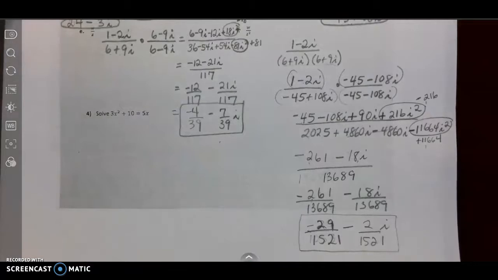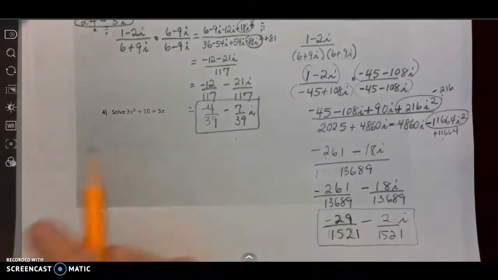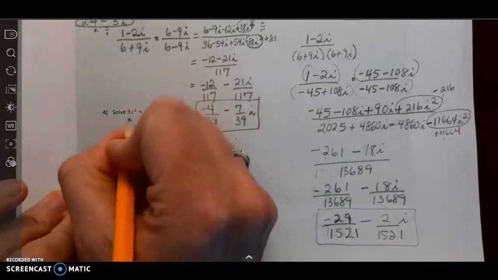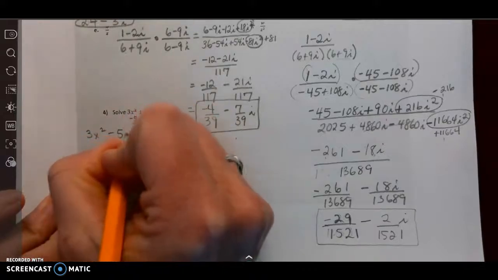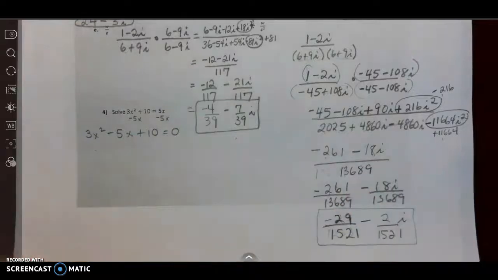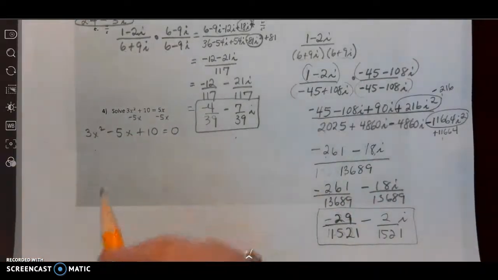All right. This now brings us to number 4. Number 4, we have what looks like is going to be a quadratic. I'm going to set it equal to 0. And then it will look like the quadratics we're used to seeing. Now, I could try factoring this, and I will find that it's unfactorable.